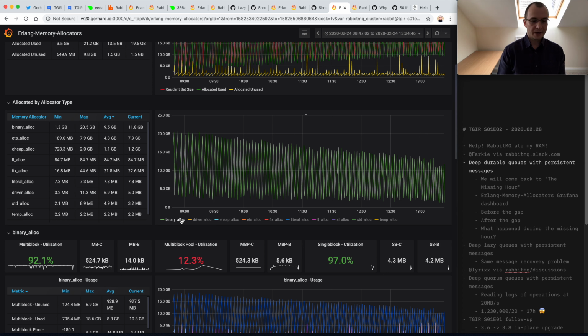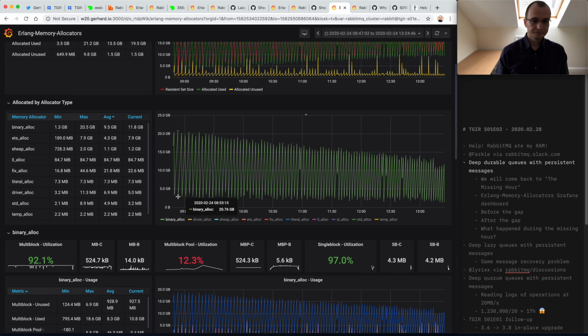So you can think of a binary as, for example, an AMQP message body. Obviously, it's more than just that, but if you think about messages being published, messages being consumed, the bulk of the binaries in an Erlang VM, in a RabbitMQ node, will be messages. Mostly AMQP messages. They can be MQTT, a different protocol. Regardless of what they are, they will be messages.